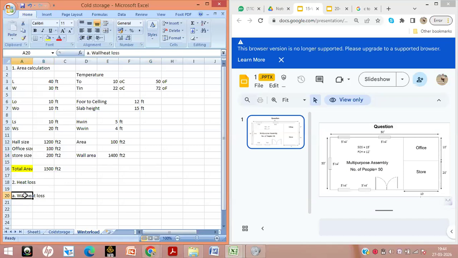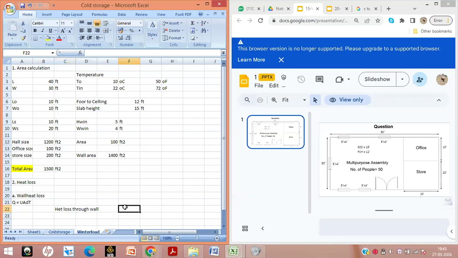So that is Q equals UA delta T. Okay, so UA delta T, that is wall heat loss. So we need to calculate using this correlation. So heat loss through wall, how much will it be?